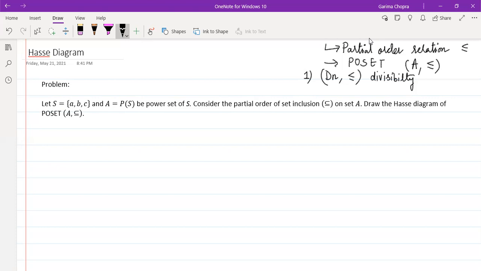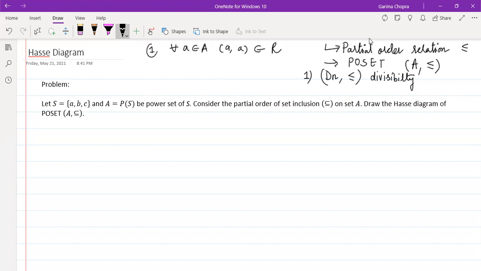Poset means the set A which is equipped with some partial order relation. Being partial order relation, it is clearly reflexive in nature, meaning for all A belonging to this set A, the ordered pair (A, A) belongs to the relation set. Each A is related to A. But we don't consider the self loop because, being a hash diagram, it is clear that it is for poset and each A is related to A. So there is no need to draw the self loop on each A.